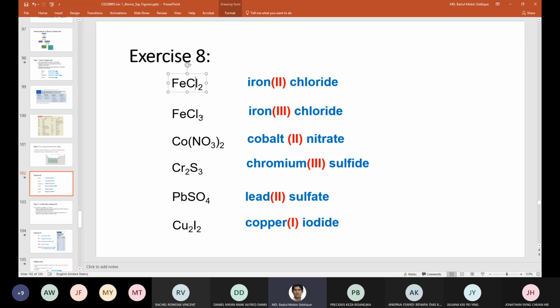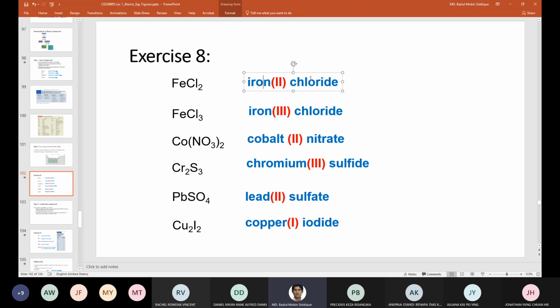Iron 3, since there are 3 chloride added here, and each of them carries 1 negative charge, iron will have 3 positive charge for sure, so that after 3 chlorine are added, it will be neutral. So that is why it is shown this way, iron 3.